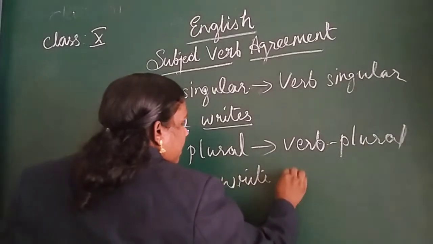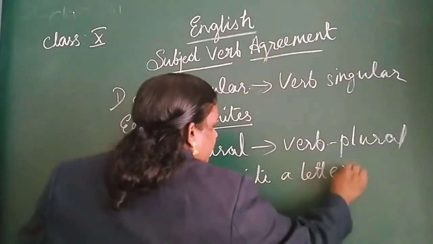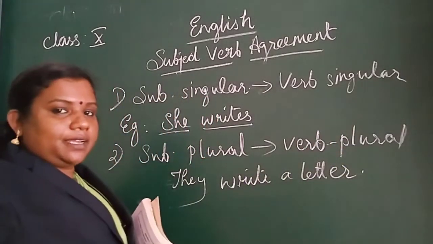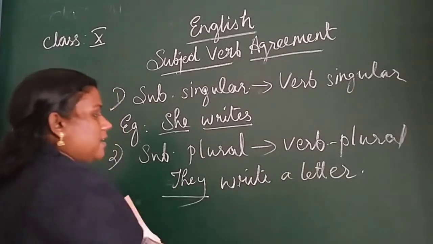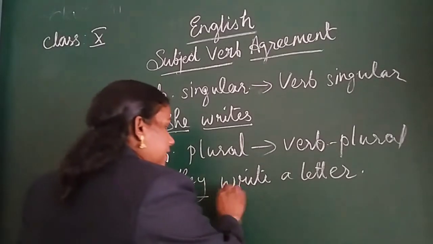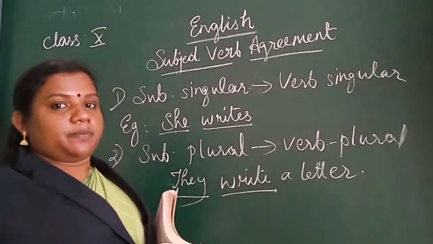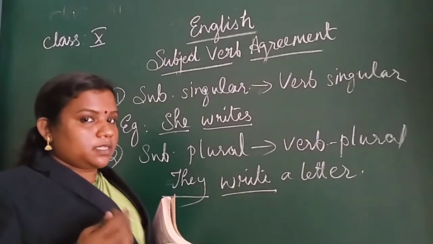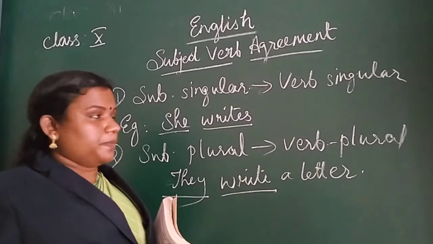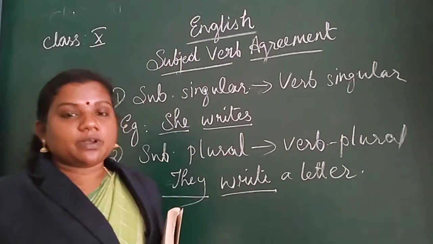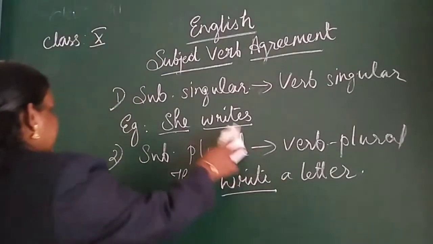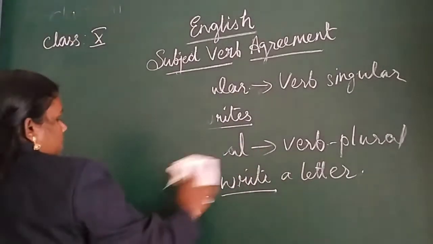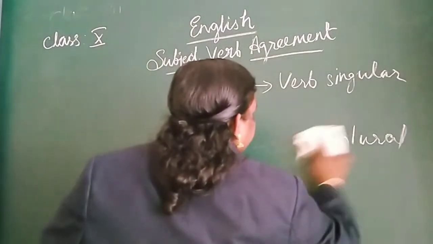They write a letter. Clear? So here, they is the plural form, write is the plural verb. So we know how to use the subject and verb. And already I told you, some areas will be confusing, so we are going to see that.